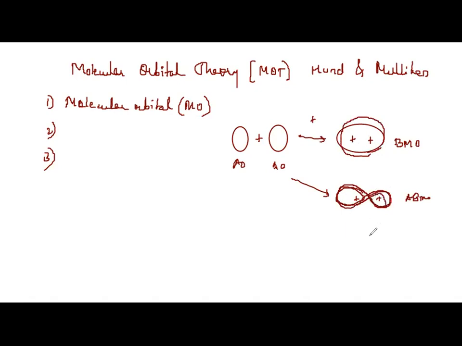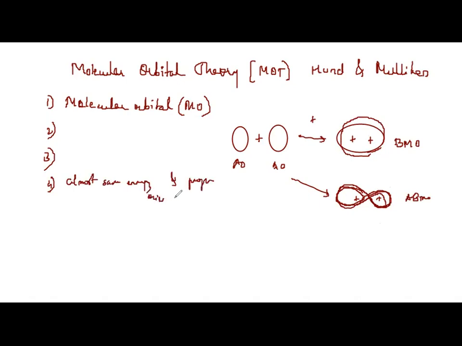Only those atomic orbitals can combine to form molecular orbitals which have almost the same energies, and there should be proper orientation. You cannot make any atomic orbitals combine and form molecular orbitals. Only those atomic orbitals can combine which have comparable, almost the same energy and proper orientation.